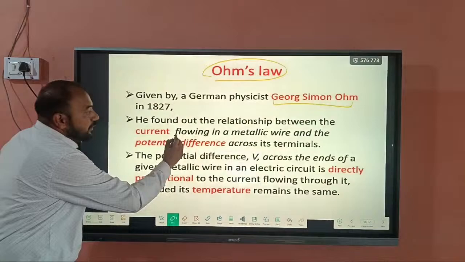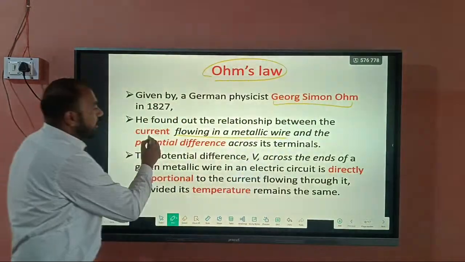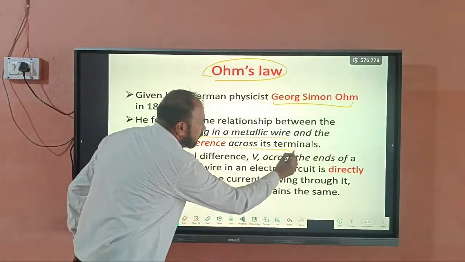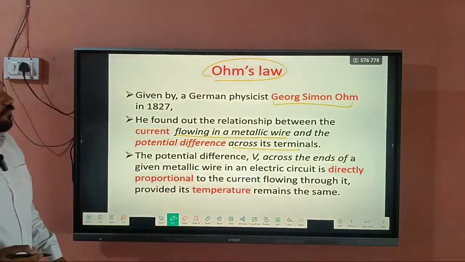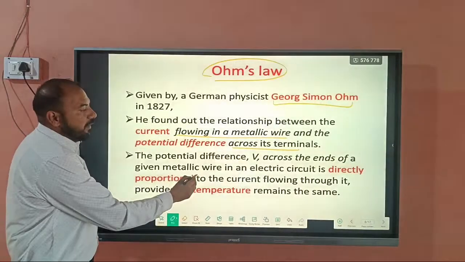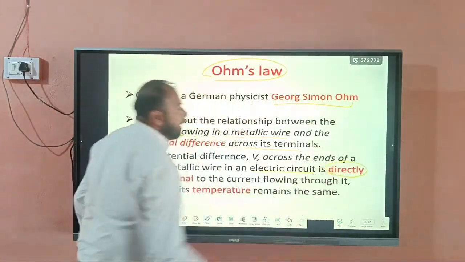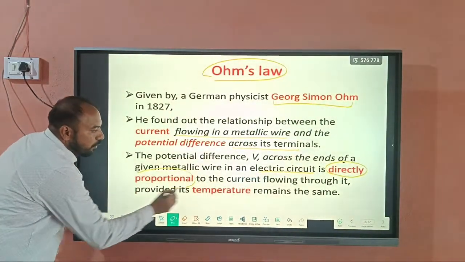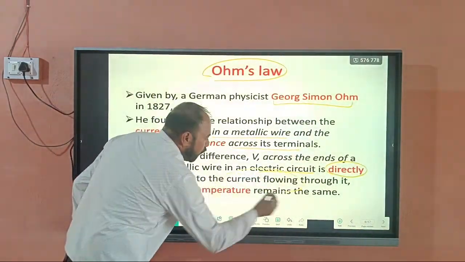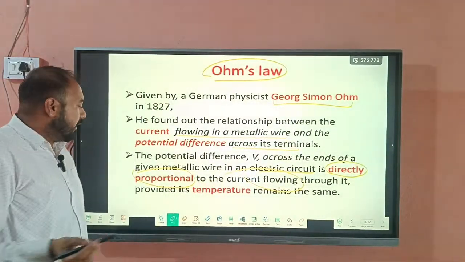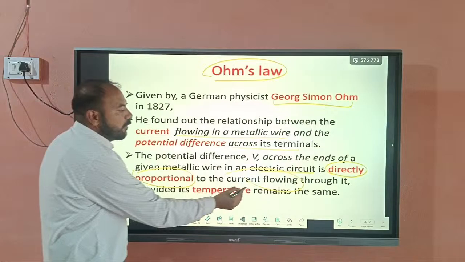The potential difference V across the ends of a given metallic wire in an electric circuit is directly proportional to the current flowing through it, provided its temperature remains constant.